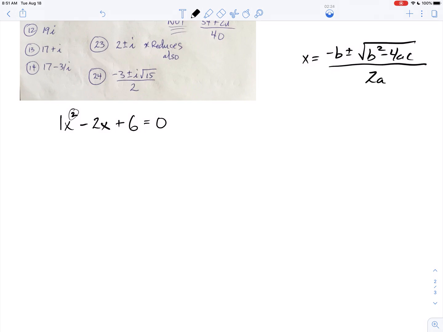So I would say negative b, since b is already negative, I'd say 2, plus or minus the square root of b squared. -2 squared is 4, minus 4ac, all over 2a, so 2 times 1. And here's what happens. In this particular situation, I have 4 take away 24. Well, 4 take away 24 is -20.